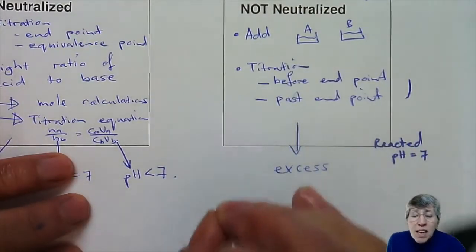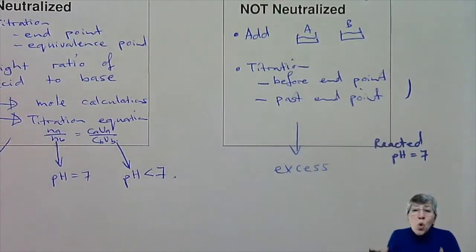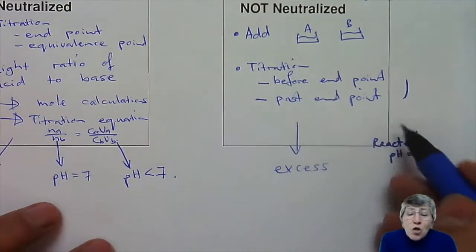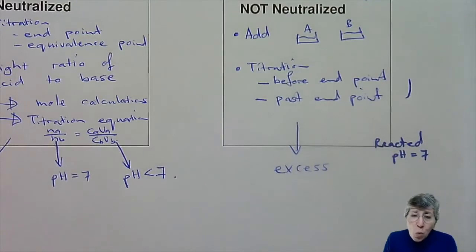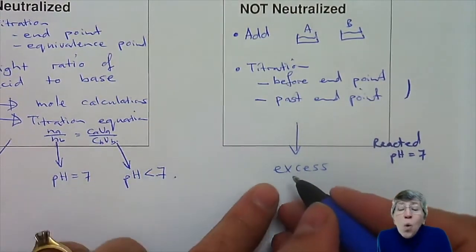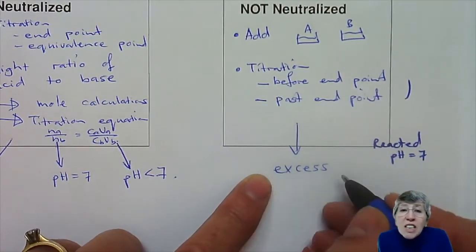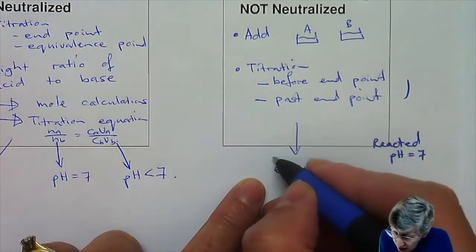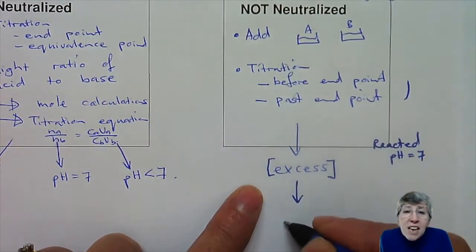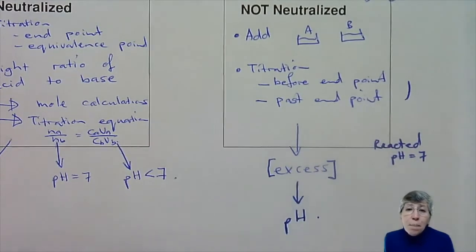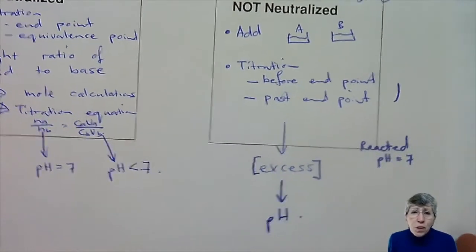So which tells me that I can ignore everything that reacted. The things that reacted is just pH 7. What I have to look at is what did not react, what was in excess, right? And then if I get the concentration of that excess, then I can determine the pH. Right, quick recap.